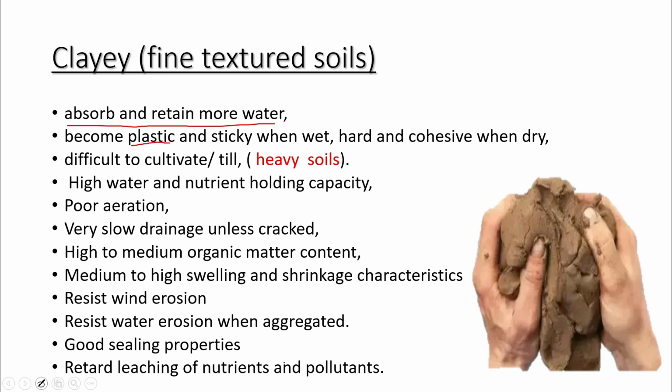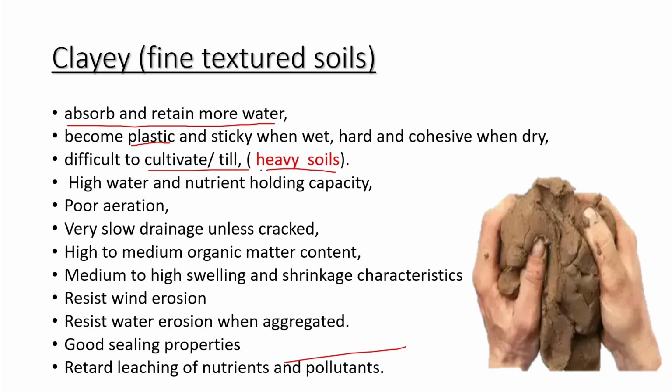Another property is that it is difficult to cultivate or till, so it is known as heavy soil. When the soil is very wet, we can't use machinery like a tractor or tiller in the soil, because it will destroy the structure, make the soil more compact, and damage the machinery.